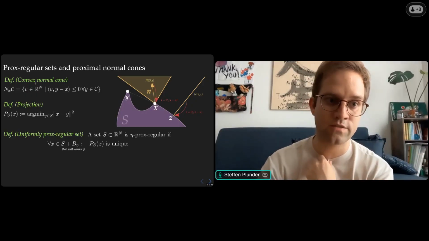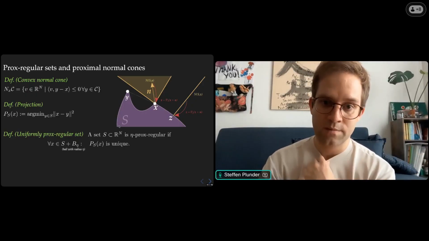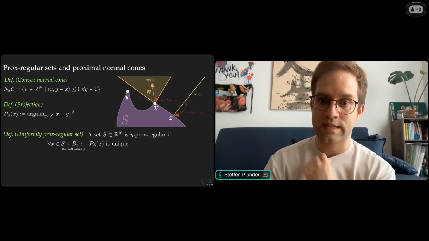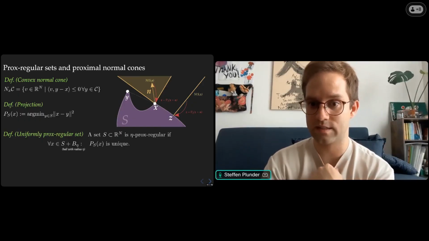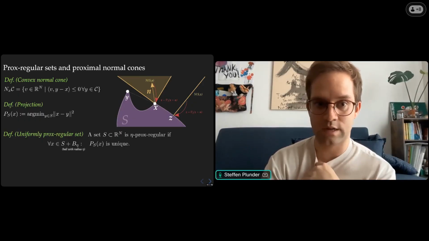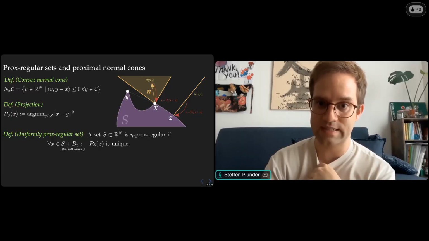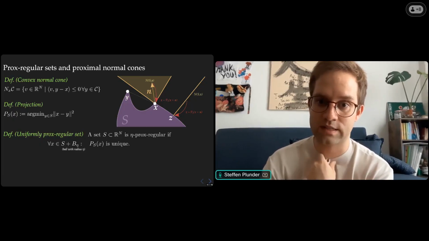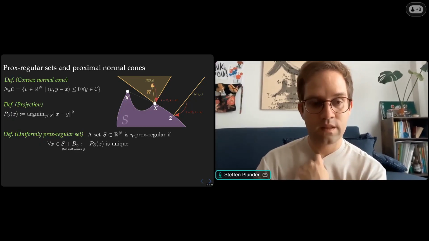That's the definition for a convex set. But here I've drawn a non-convex set, and you can see how this definition fails. Here the scalar product between y minus x and n is positive, but this is actually a normal vector in this sense, locally.